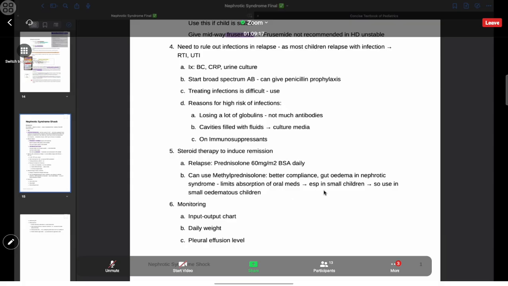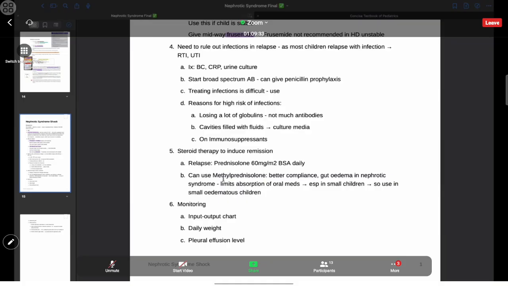But methylprednisolone is IV, so the treatment is better. So they usually use it in very small children and in edematous children, because when you have edematous children, they assume that the patient has gut edema as well, so absorption is less, so they will give it as methylprednisolone IV doses.